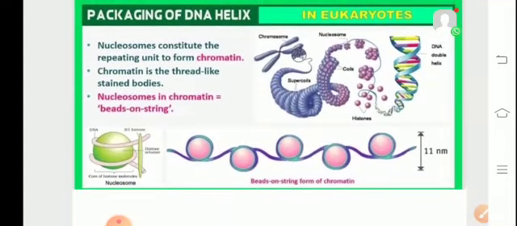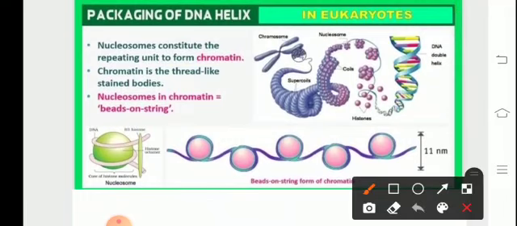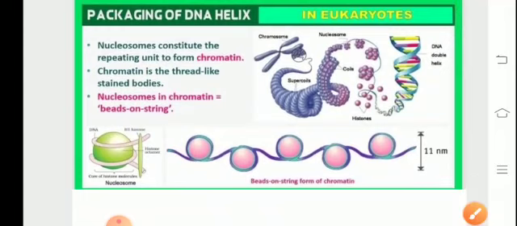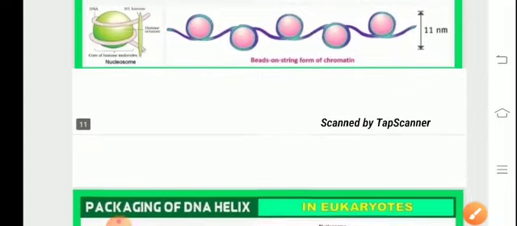Here we can see that nucleosomes constitute the repeating unit to form chromatin. The nucleosome gets repeated to form chromatin, and the chromatin is actually a thread-like stained body. The nucleosomes in the chromatin appear as a bead on string model, of a size of primarily 11 nanometer.